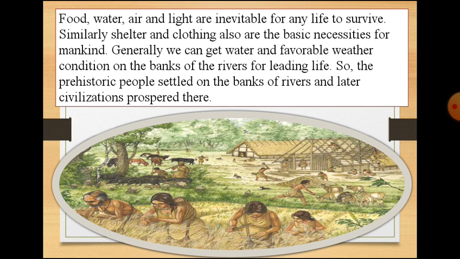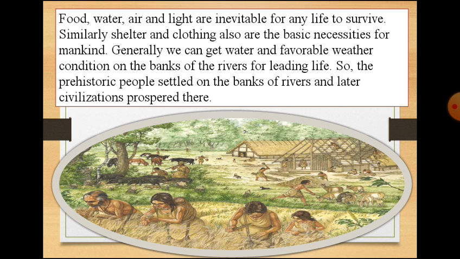Generally, we can get water and favorable weather conditions on the banks of rivers for leading life. So when humans understood living, they needed food, water, air and light. They also needed shelter and clothing.